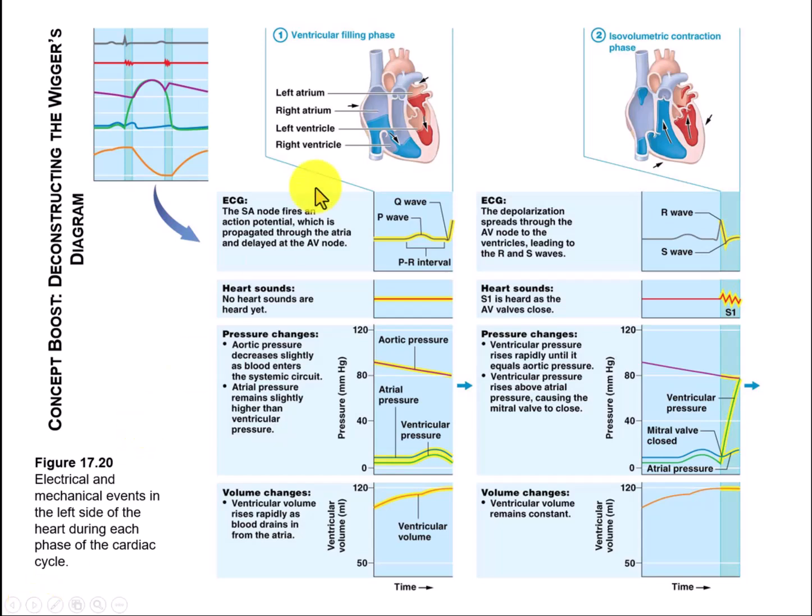And here again, broken out even more with the ECG, heart sounds, pressure changes, and volume changes. So this is our concept boost, the deconstruction of what is happening in all the areas of the cardiac cycle: electrical, opening and closing of the valves, the pressure changes, and the volume changes.